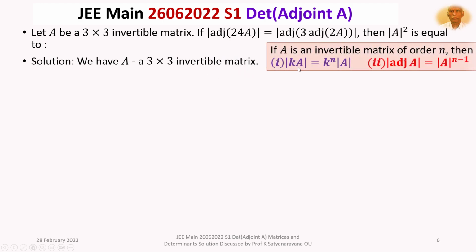We recall these 2 results. If A is an invertible matrix of order n, that means it is a square matrix of order n, then the first result says determinant of k times A, where k is a constant, is equal to k power n determinant of A. The second one is the determinant of adjoint of A is equal to determinant of A to the power of n minus 1.